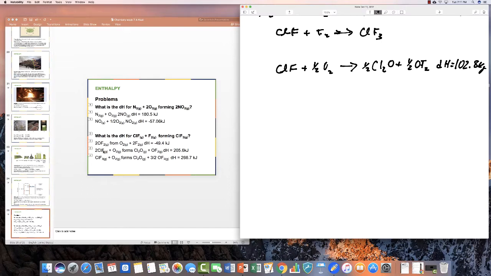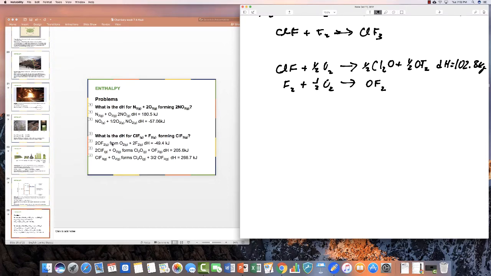Okay, so that gives us this on this side. The other thing we want on that side is F2. And let's see if we can find that. Here, this top one has F2 in the products, so you get it from this. But you only want one of those, so let's take half of this one too. So that's going to be F2 plus 1/2 O2 goes to form OF2.